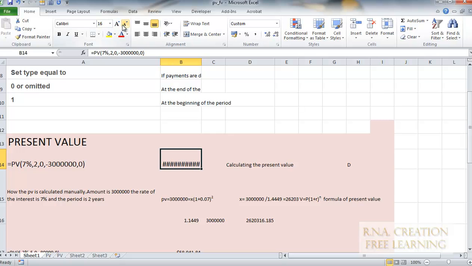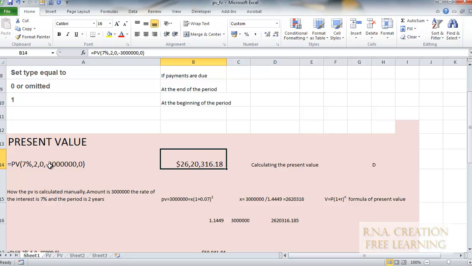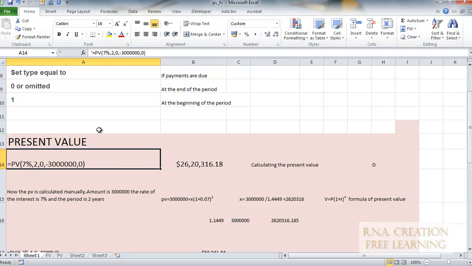As you can see, now it's becoming clearer. This is what would be the $300,000 deposited at the rate of 7%. Remember, the third one is 0 and the fourth one is 0, because it is at the end of the period, not at the beginning of the period.